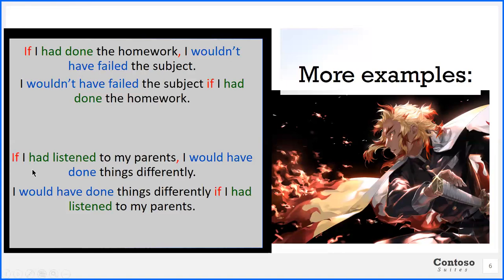Also in the second example, if I had listened to my parents, I would have done things differently. So past perfect in green, and then in blue would have, and verb in past participle. So very important to notice how we're applying this, how we're using it in the sentences.